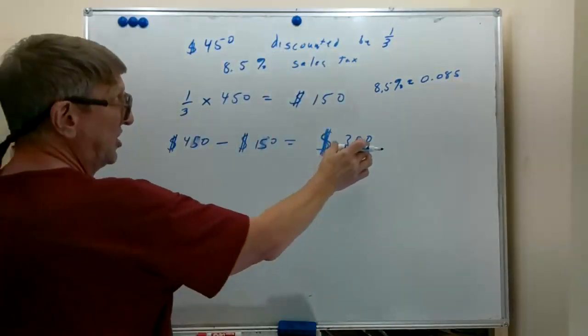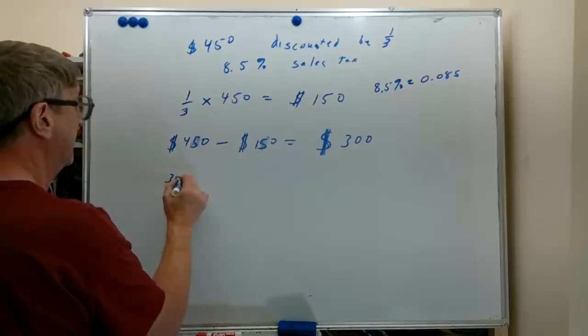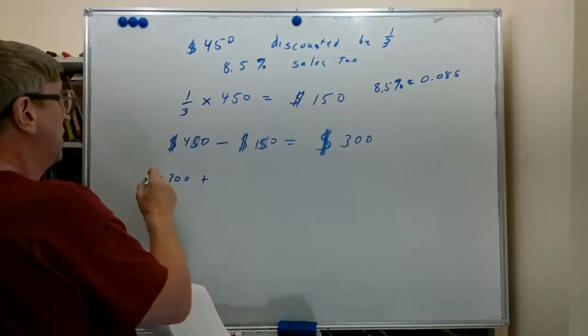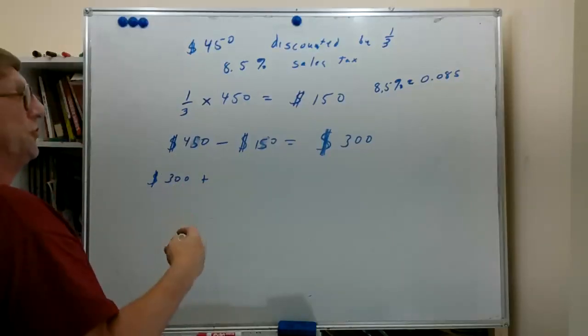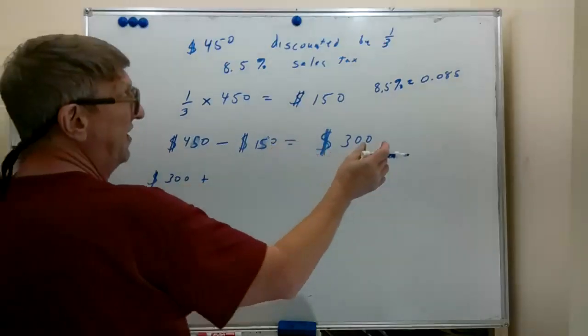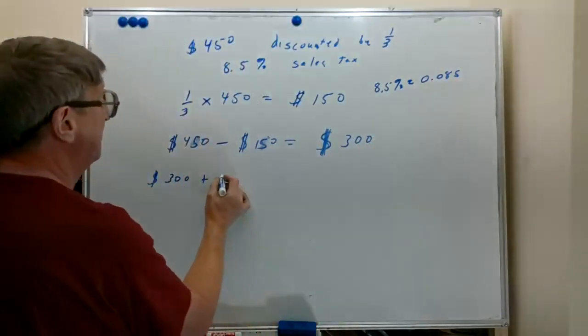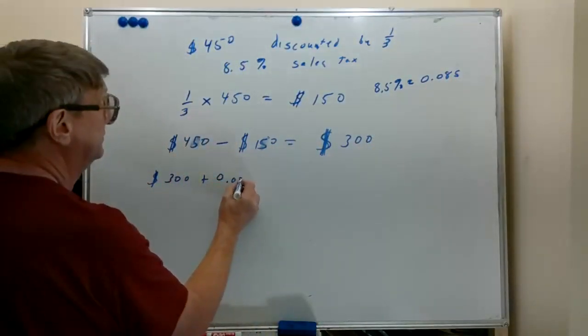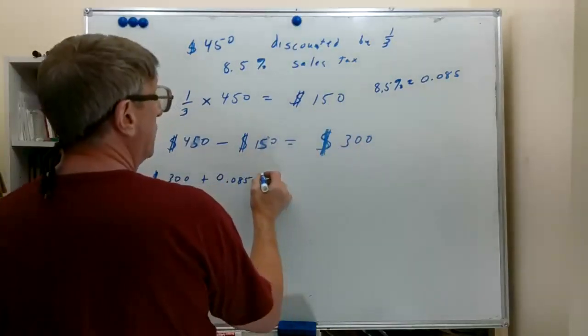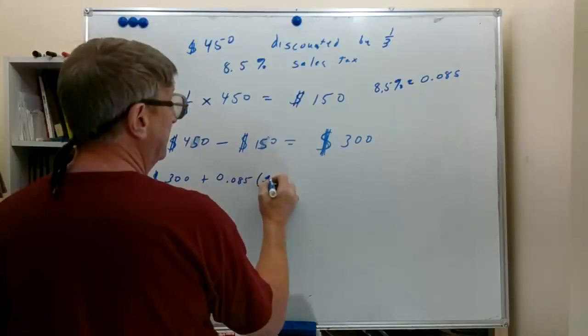Now we're going to have to take the cost, 300, plus the tax. So we need to find 8.5% of this. We've found that 8.5% is 0.085. That's our decimal version of 8.5%. We're going to multiply that times the $300.